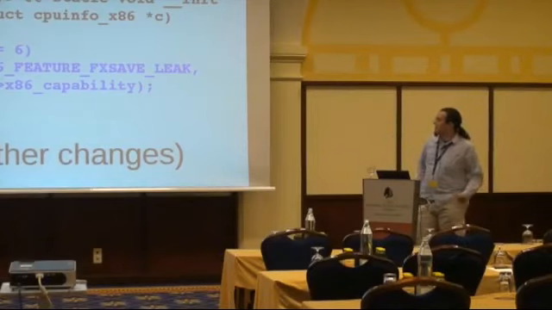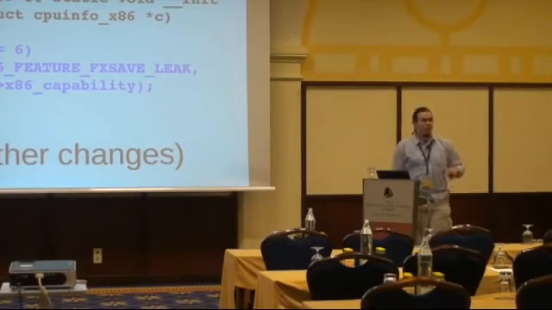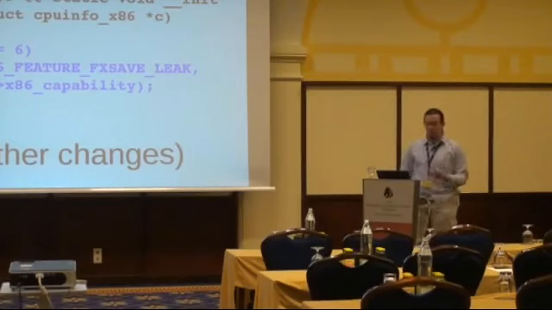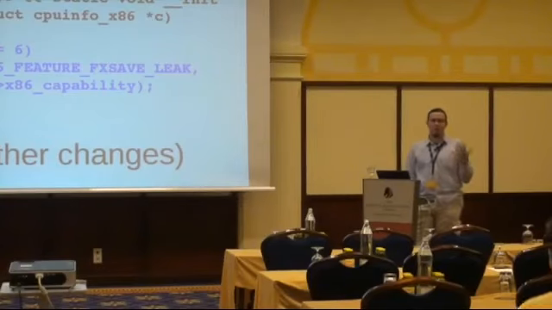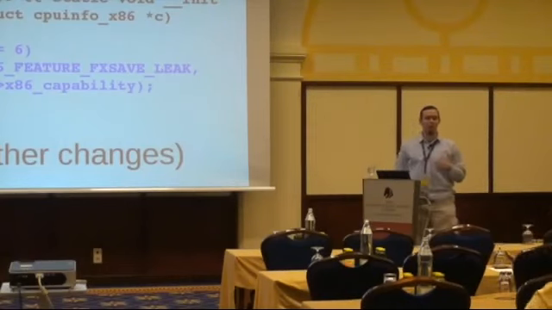This bit tells the Linux kernel that the fxsave instruction on this processor architecture leaks some information, leaves information around that the kernel needs to clean up, or else it risks leaking FPU state from one process to another, which could be the cause of all kinds of fun side channel attacks on crypto engines or whatever.